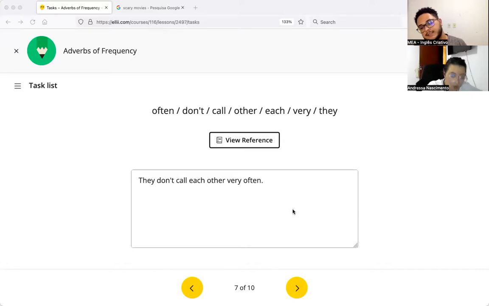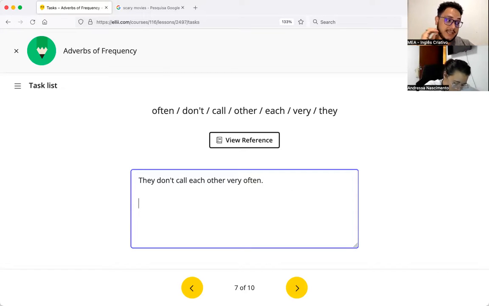Good. And your sentence. Nem criei. Mas esse each other, um ao outro. Um ao outro, é? Ah, ok.